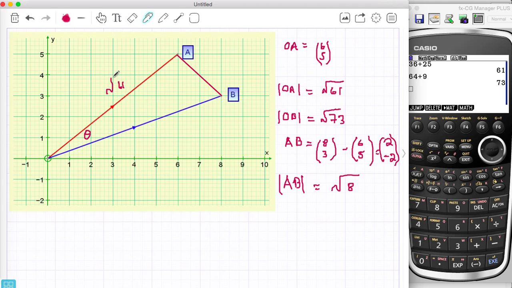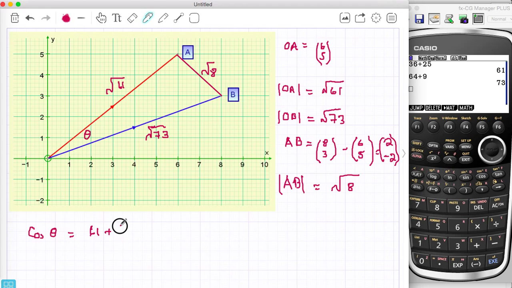It's now simply using the cosine rule to work out theta. So the cosine rule is that cosine theta equals this one squared plus this one squared, the 2 either side. Now when I do the root of 61 and I square it, I get 61.